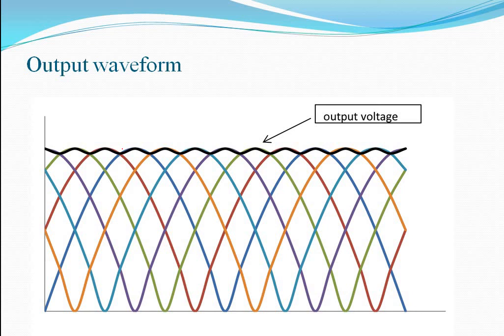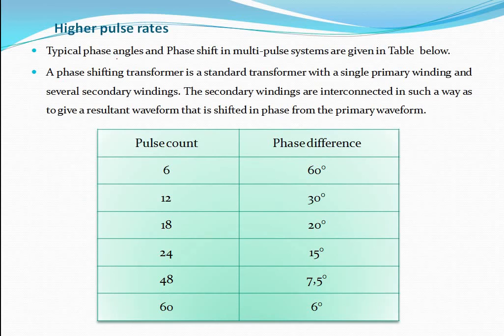And one other advantage is that the short circuit current through any of the thyristors is controlled by the leakage reactance of the transformer, and the reactance of the converter transformer also helps to reduce the harmonics; that means it assists harmonic suppression. If you increase it, you can see high pulse rates. So typical phase angles and phase shift in multi-phase systems you can see in this table.